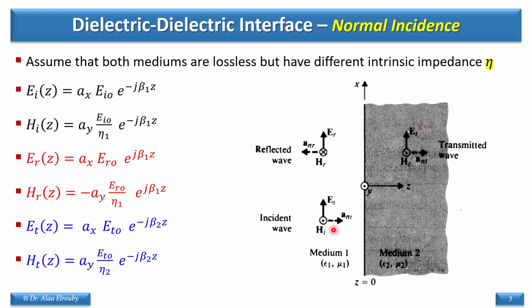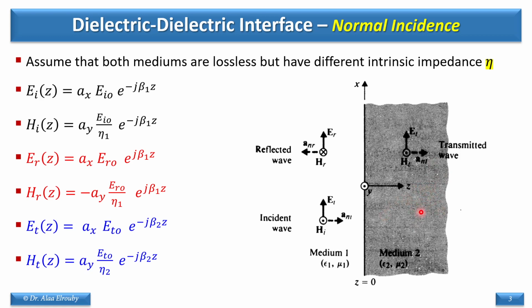What is new here is that because this media is a dielectric media and it can carry electromagnetic waves, there will be some part of the incident wave transmitted into media number 2, and we call it the transmitted wave. This transmitted wave equals 0 in the case of a conductor.